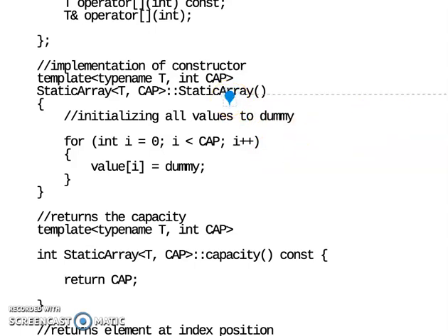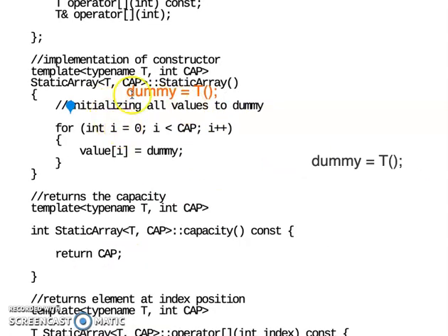I'm not sure why some of you made this one incorrect. We say we need to initialize every element, right? But every element is not dummy, okay? I'm not sure why a few of you got this wrong.